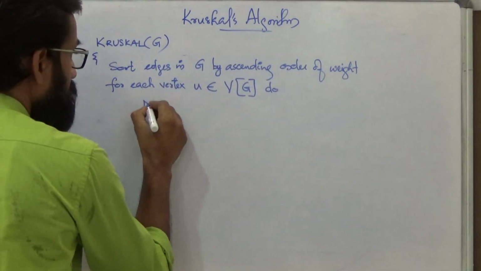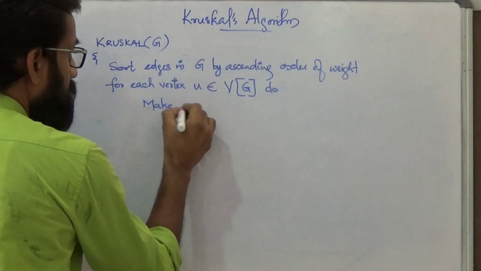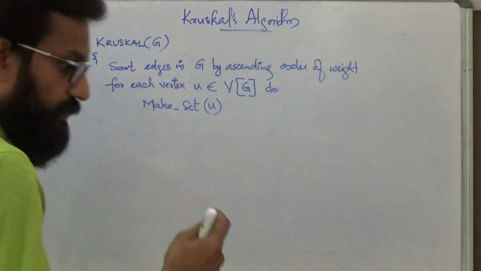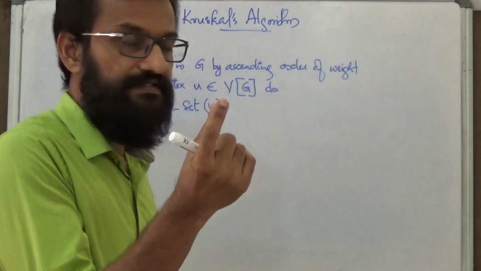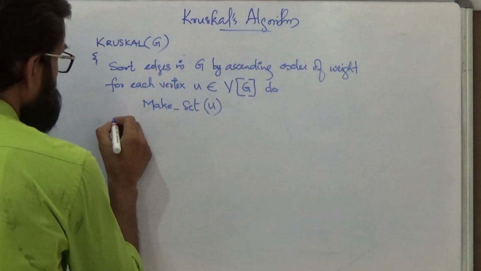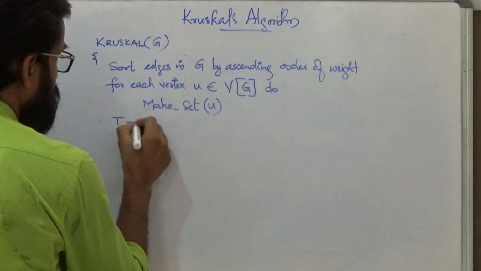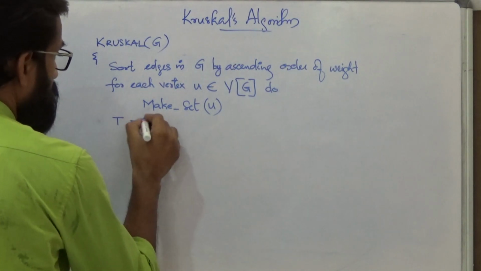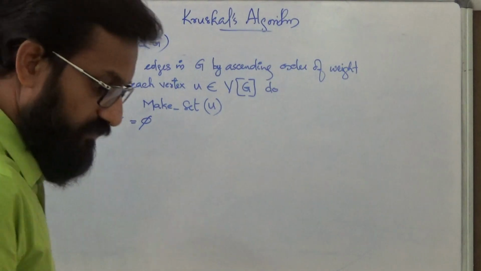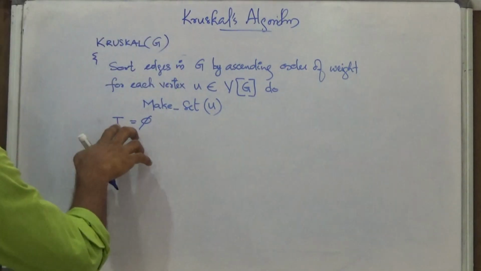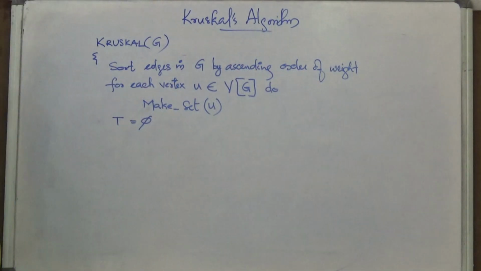You have to call make set u. This make set u actually creates a singleton set containing u. Now you can initialize the set of edges that become part of the spanning tree to empty. So create an empty set T.